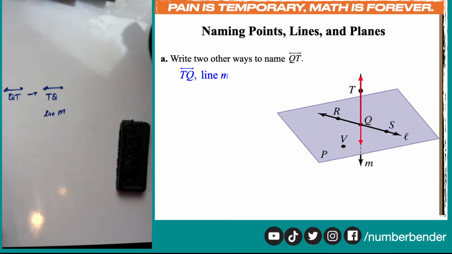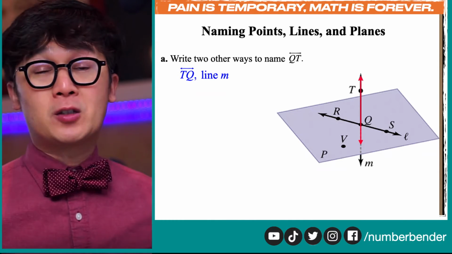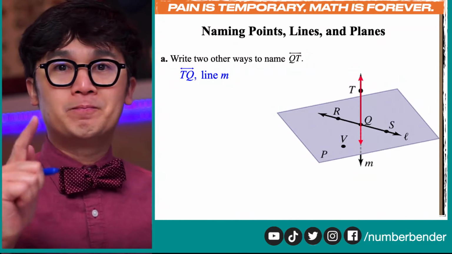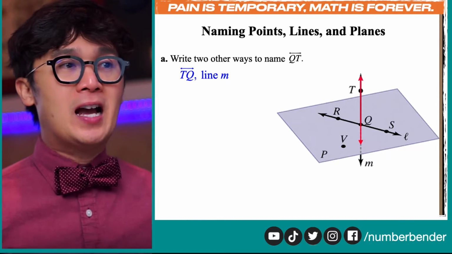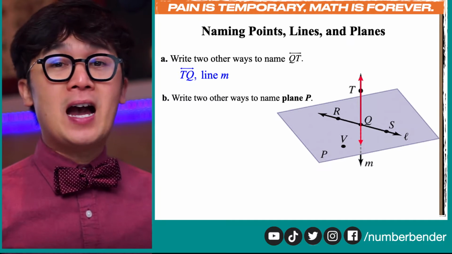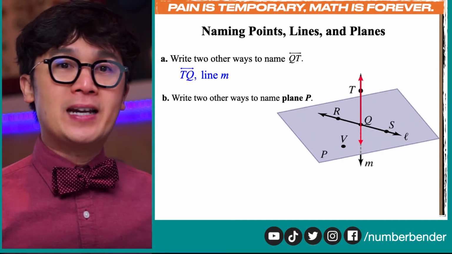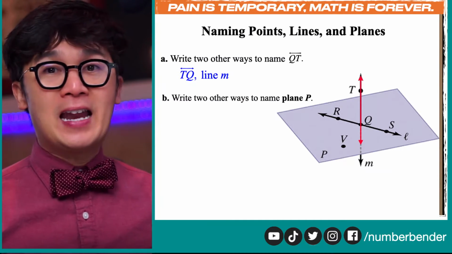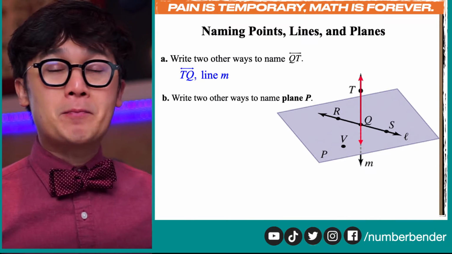So yan yung pamamaraan natin sa pagsulat ng mga points, lines, and planes sa geometry. Ang susunod naman natin is to write 2 other ways on how to name plane P. At ang rule natin dyan, kailangan natin ng 3 letters at kailangan yung mga letters na yun ay hindi magkakalinya.